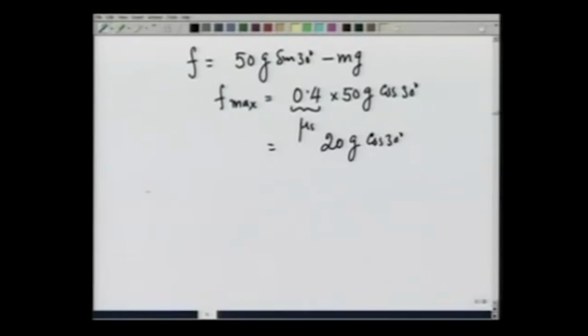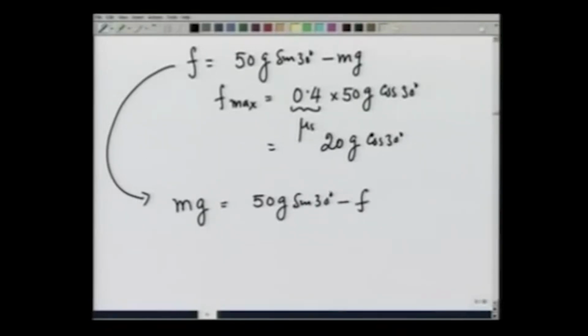So, therefore, if I convert this equation to get m, I get mg equals 50 g sine of 30 degrees minus F. When F is maximum, m is the minimum possible value of small m that gives me equilibrium.